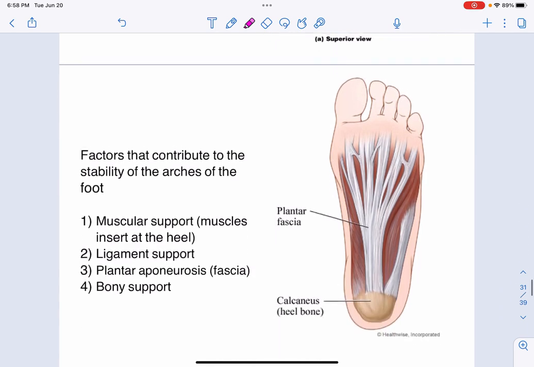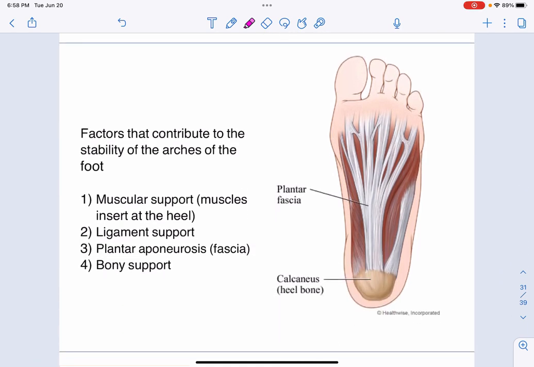And so this is the picture that I was alluding to when we first started talking about the arches of the foot, and that there are several factors that contribute to the stability of the arches within the foot. So as always, muscle support is going to be the number one factor that helps to keep these arches secure. Secondly, you're going to find ligaments. We didn't go over the specific ligaments, but there are many ligaments that will help stabilize these arches.